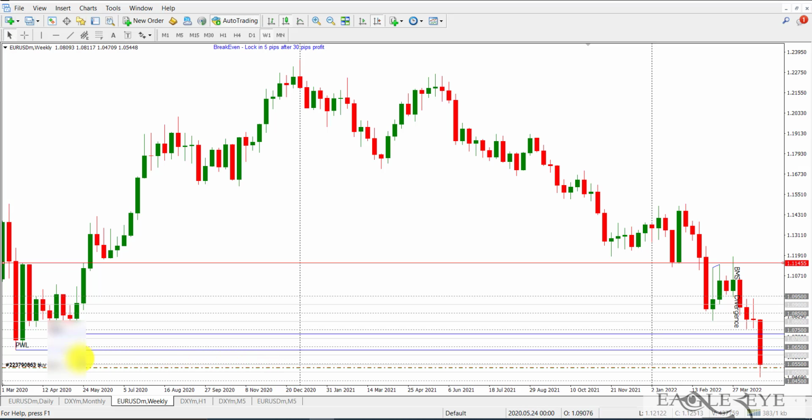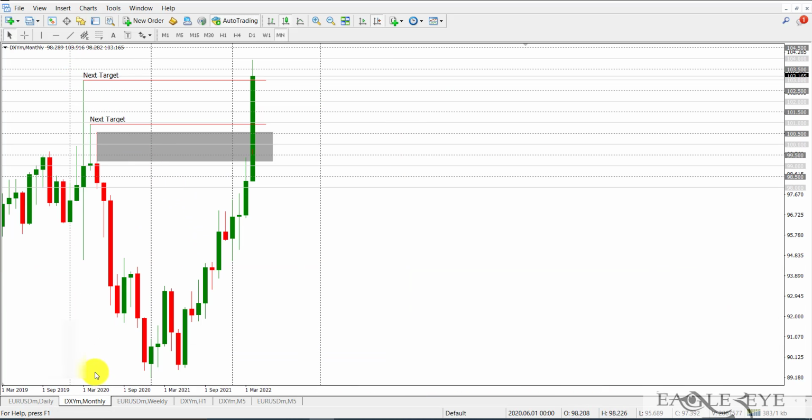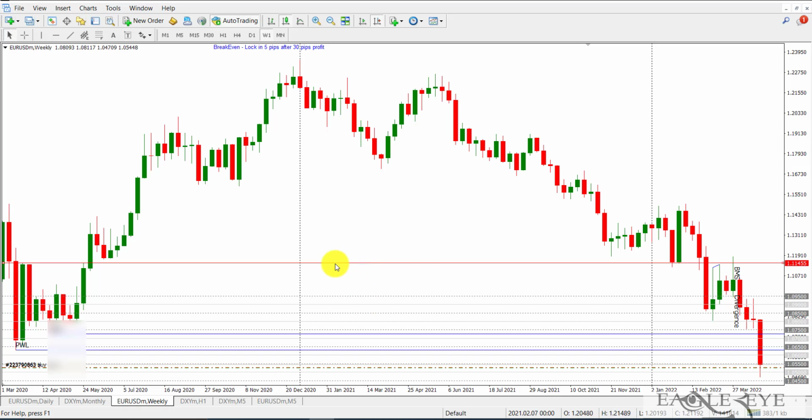On the dollar index, this particular high was taken out on Wednesday, which was the 27th or thereabouts. These were my expectations, but price went a little bit further.